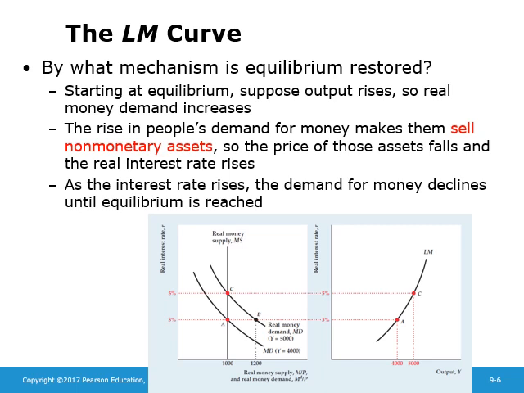What's important here is the conclusion for the LM curve: it's an upward sloping curve, because when output increases, the interest rate that clears the asset market increases.